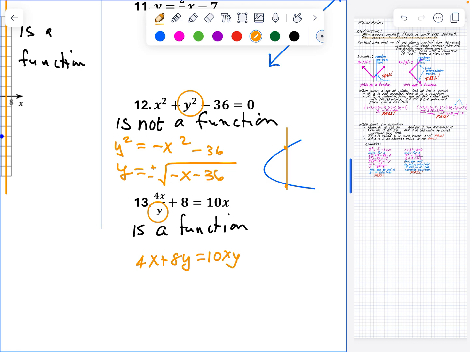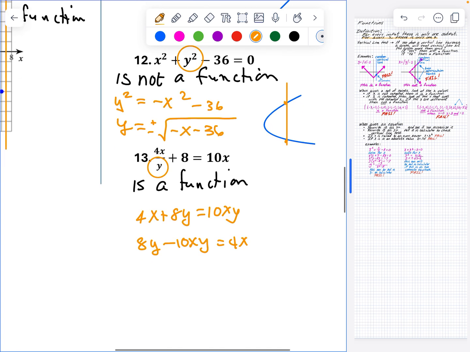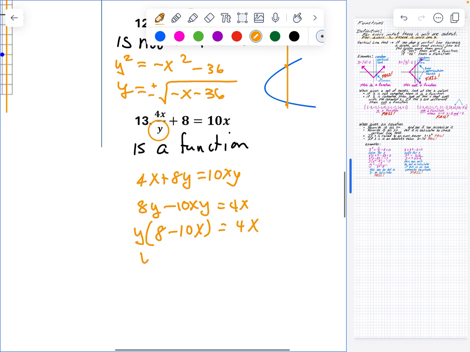And then that would be 8y minus 10xy equals 4x. And then you would have y with 8 minus 10x equals 4x. And then you would have y equals 4x over 8 minus 10x.